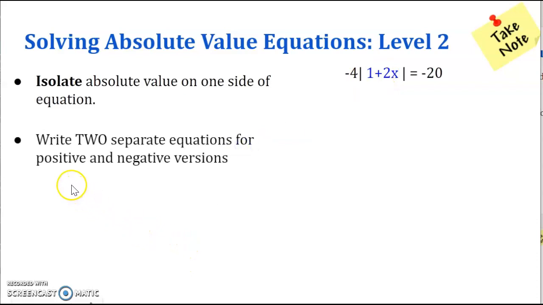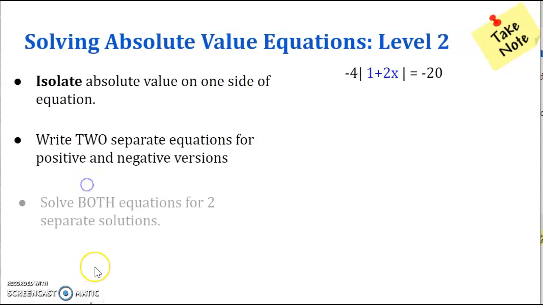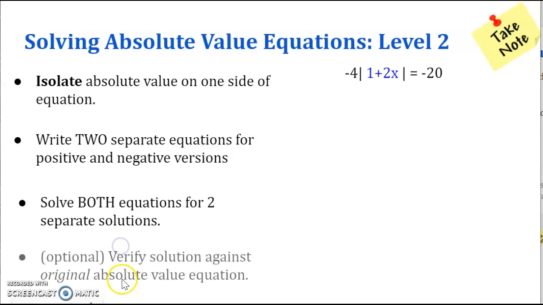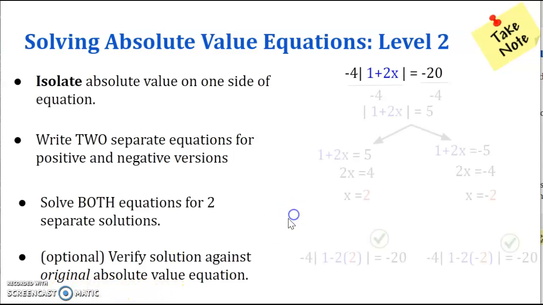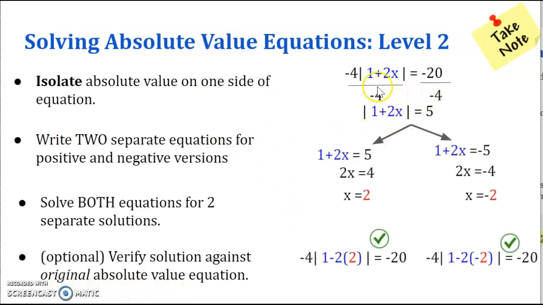Then the second step is to write two separate equations for positive and negative versions, and solve both equations for two separate solutions. And then finally, it's optional but always a good idea to verify the solution against the original absolute value equation. Okay, so here we go. Negative 4 is being multiplied to the absolute value of 1 plus 2x.